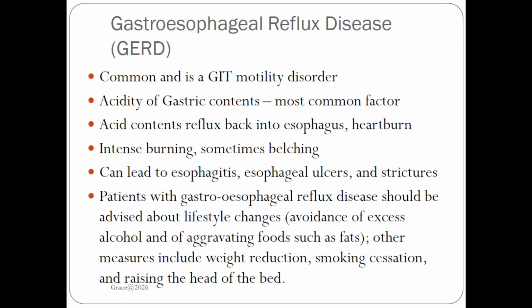We know that the organ in the stomach that secretes acid is the stomach. So when there is a reflux, we call it acid content reflux.